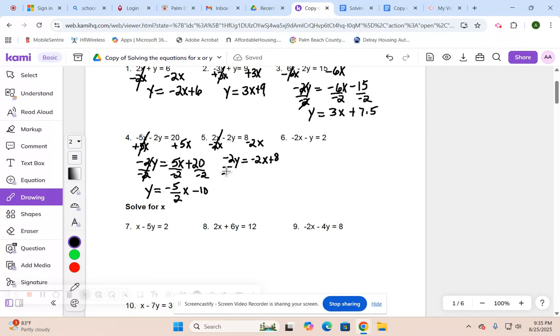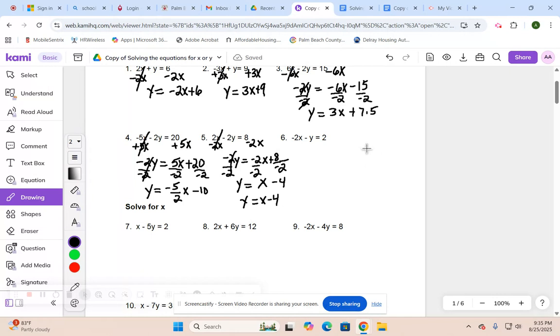So we need to divide both sides, every term, by negative 2. So we'll have y by itself here equals x, because a negative divided by negative is positive, so I'll have x or 1x, and 8 divided by negative 2 is negative 4. So there's our answer, y equals x minus 4.